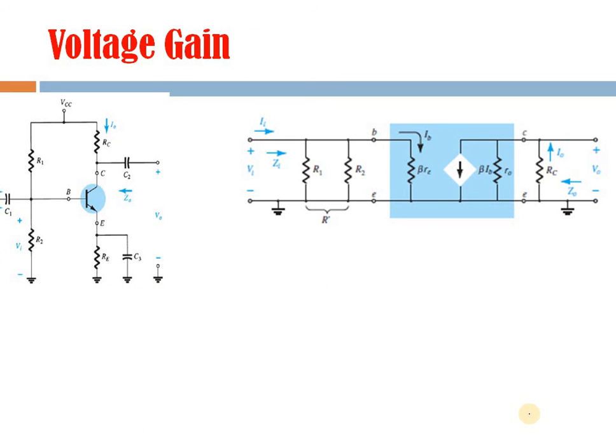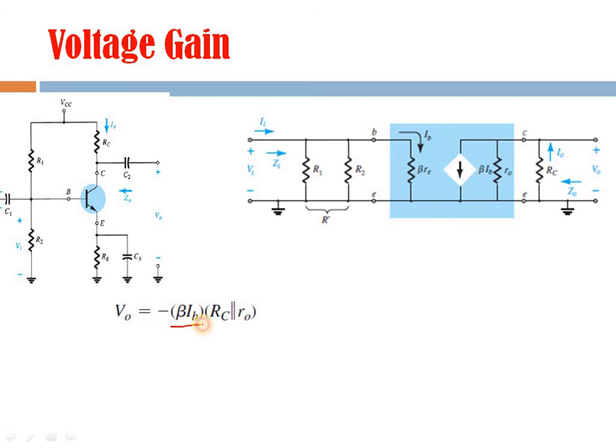Now let's see the formula for the voltage gain. For voltage gain, first we need to find out the output voltage. You know the current here, that is beta into IB. This is a constant current which depends on the input side current. So beta into IB, and that current passes through this net output resistance. So the output voltage is given by this.